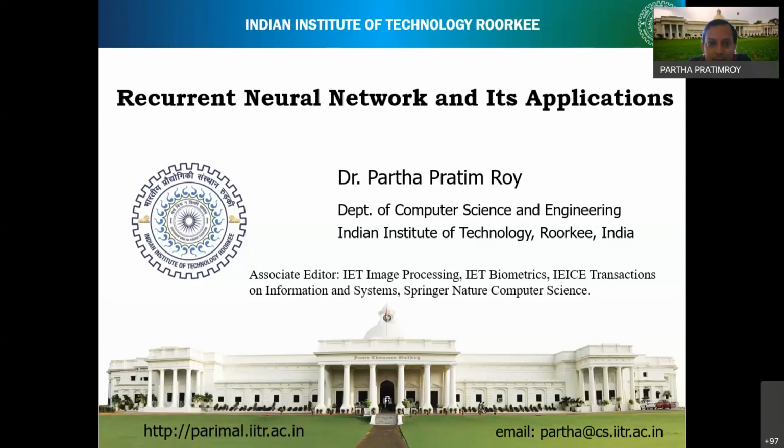Today we are going to see the recurrent neural network. I think in the last 2 days you have seen the convolutional neural network. Today we are going to see the recurrent neural network, which is another family of deep learning.